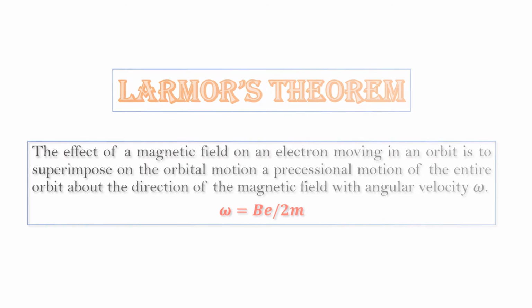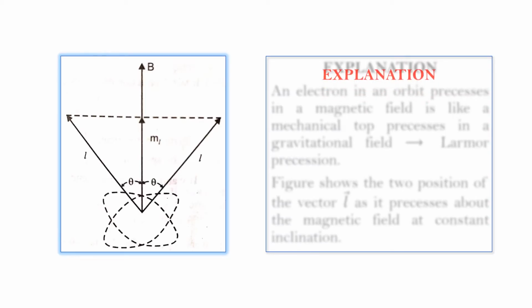Next, Larmor's theorem based on the diagram. Here B represents the applied magnetic field, inclined at an angle theta.